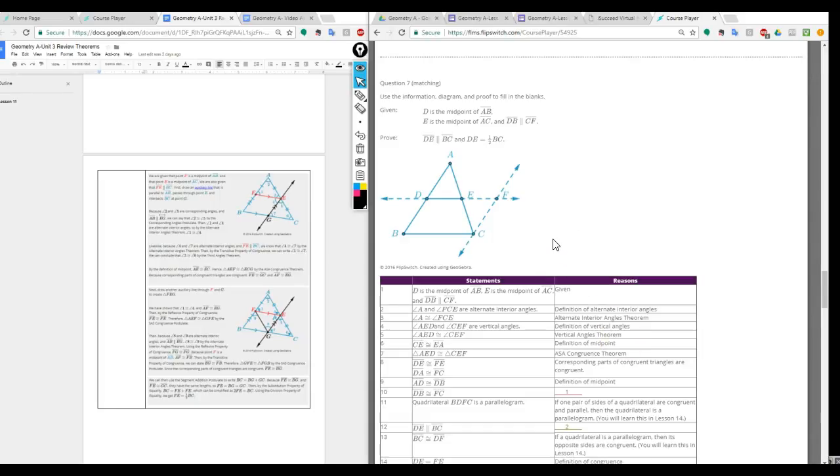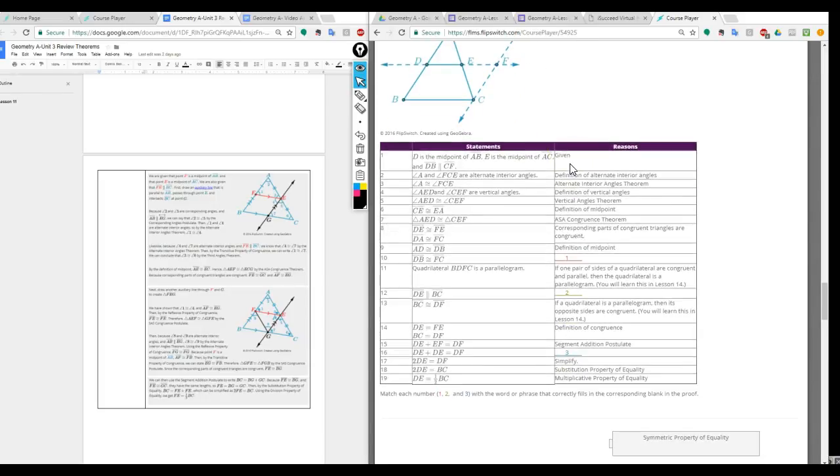Okay, question 7. Use the information, diagram and proof to fill in the blanks. Given D is the midpoint of segment AB, E is the midpoint of segment AC, and segment DB is parallel to segment CF, we need to prove that segment DE is parallel to segment BC, and that the length of DE is equal to 1/2 the length of BC.